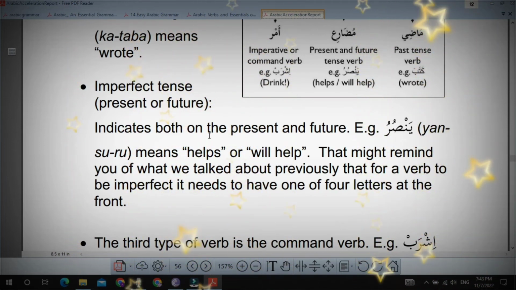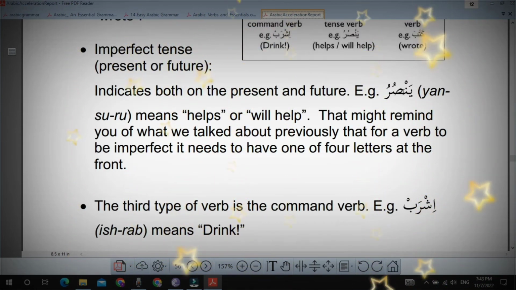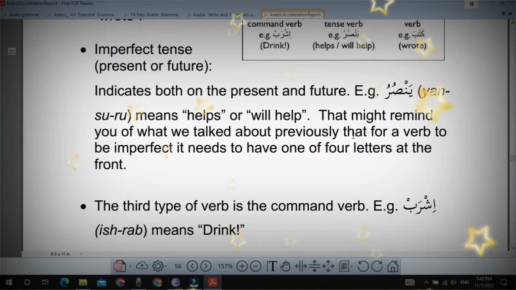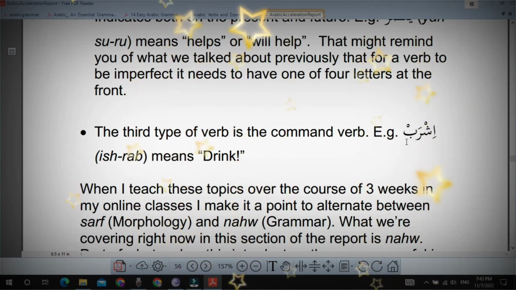Imperfect tense, present or future, indicates both the present and future. I clarified everything. Yansuru means helps or will help. That might remind you of what we talked about previously, that for a verb to be imperfect, it needs to have one of four letters at the front. The third type of the verb is the command verb, like ishrab.